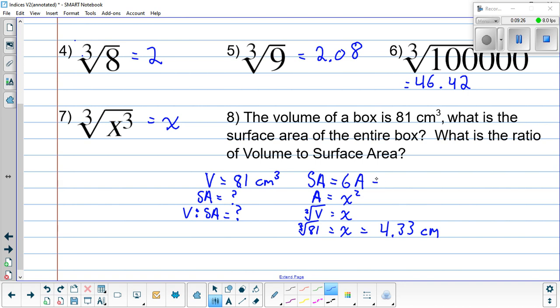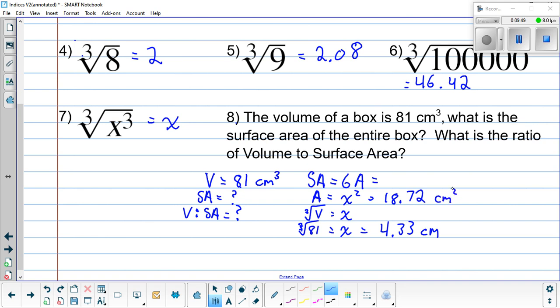So then my surface area, I'm just timesing by 6 for here. And so that's 25.9, oh, sorry, that's not my surface area. My area, I have to square this value, so I get 18.72-ish, and that's centimeters squared.